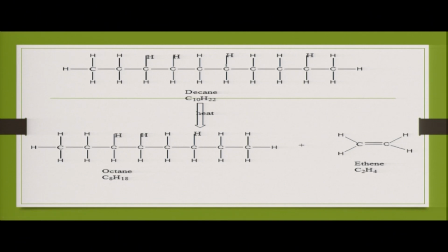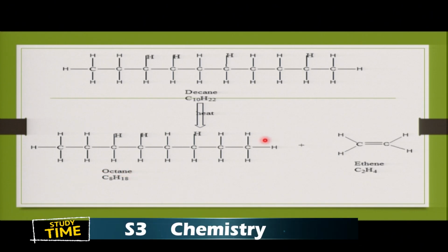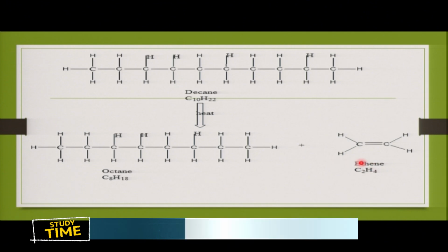So let's look at the screen and see what is happening. This is an alkane with 10 carbon atoms. Through either heating, catalytic or thermal, it is broken down into octane, which has fewer carbon atoms, plus ethene, which is also produced.